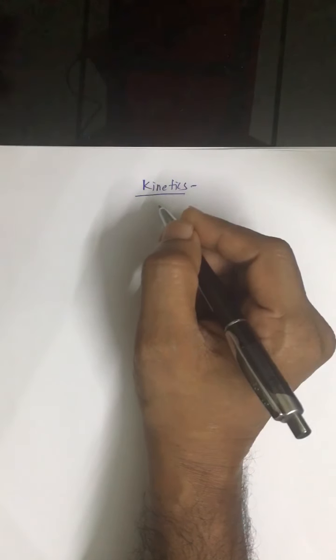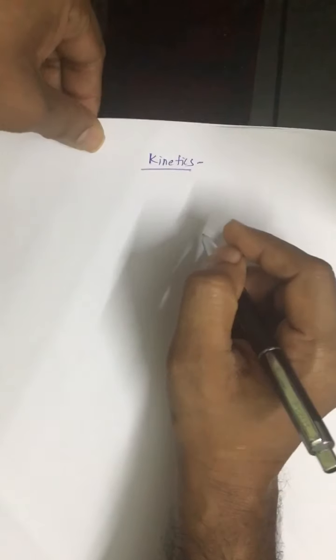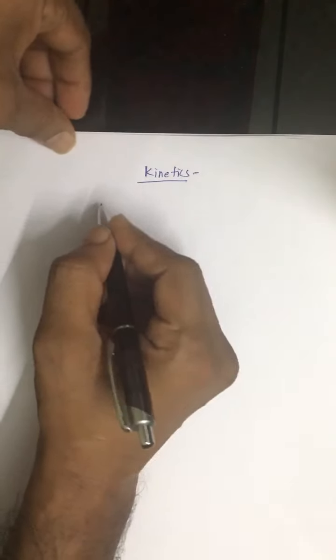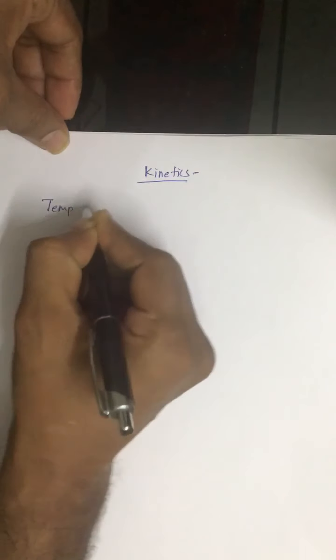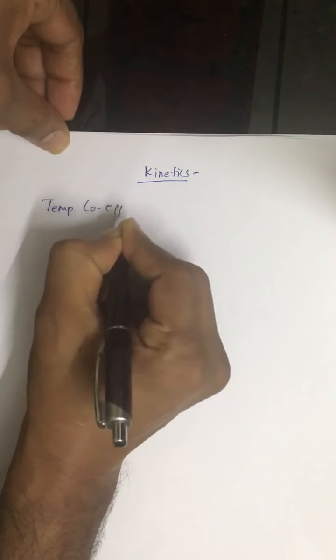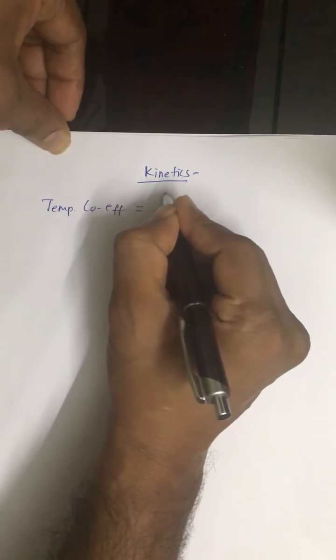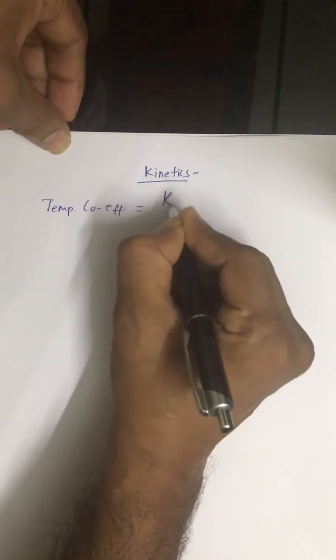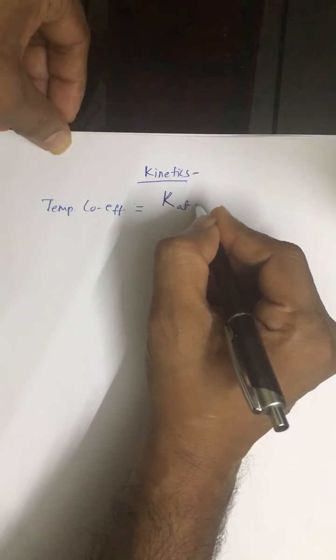All right, the important points of chemical kinetics. In chemical kinetics, we have one, temperature coefficient. Temperature coefficient is the ratio of velocity constants by a difference of 10 degrees.